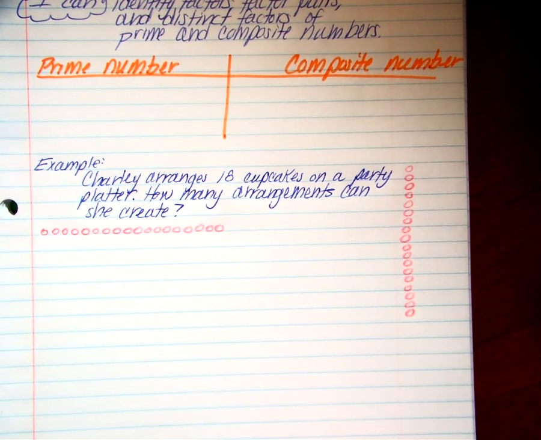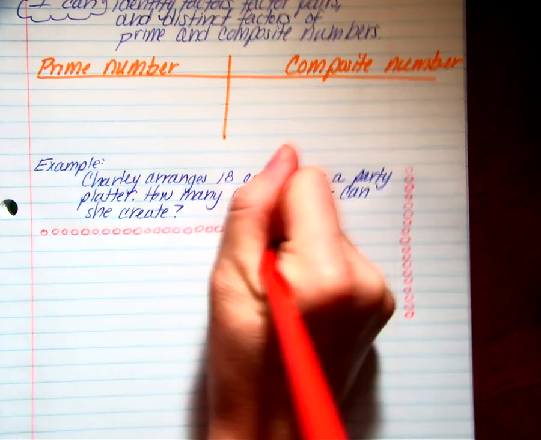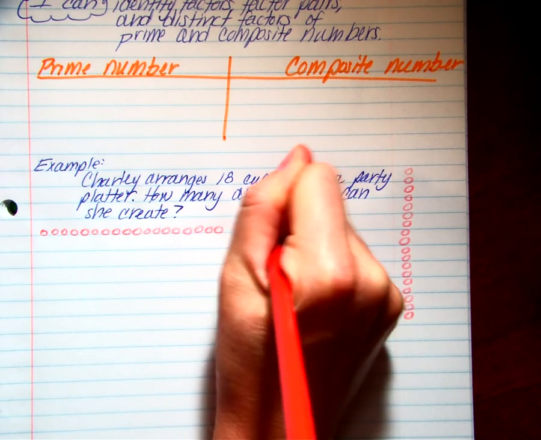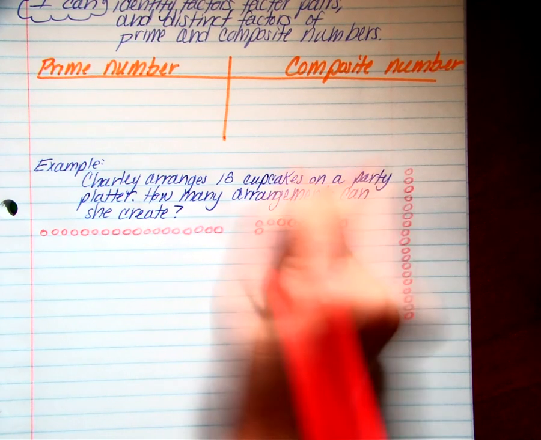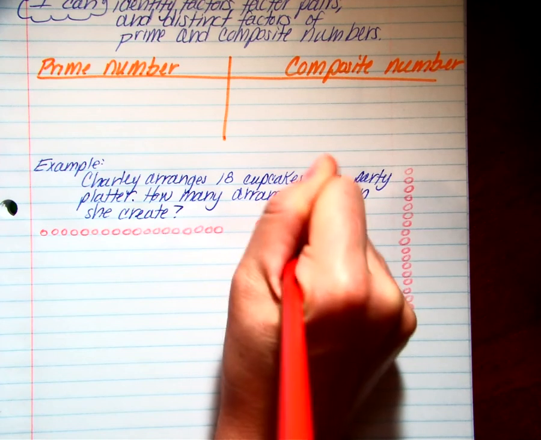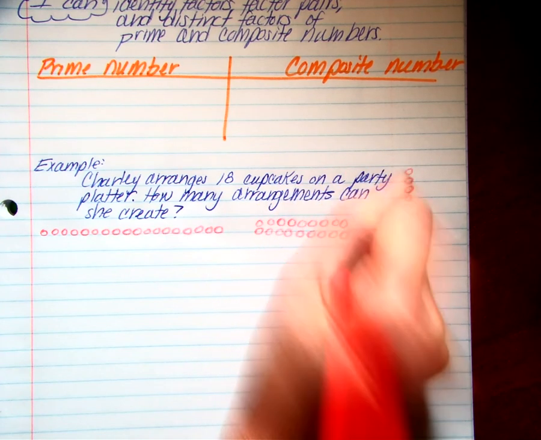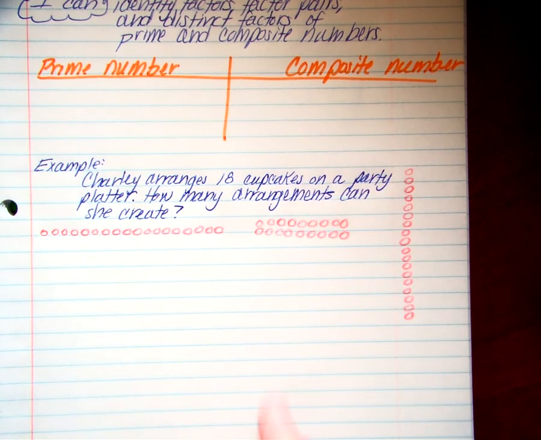Can we come up with other arrangements for the cupcakes? What about two? 2 rows. How many cupcakes would be in each row? I have 2 rows. I could do 2 rows of 9. Well, if I can do 2 rows of 9, can't I do 9 rows of 2?